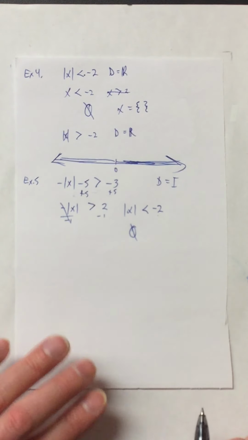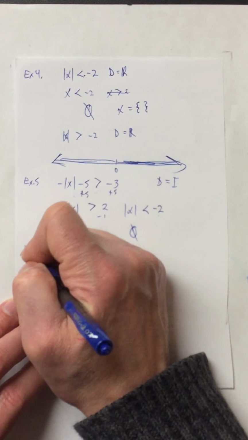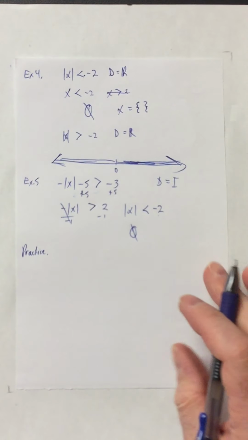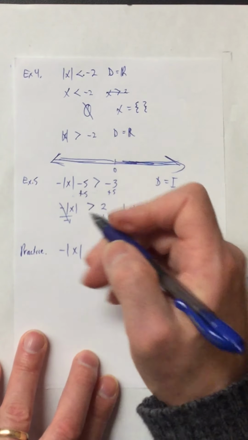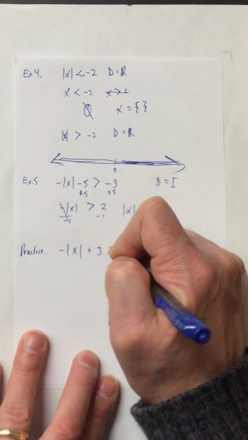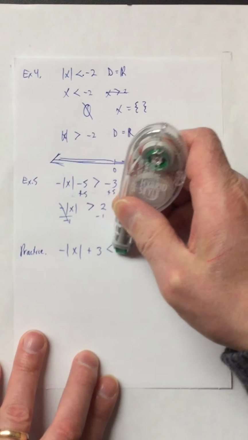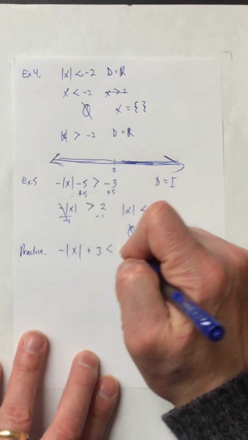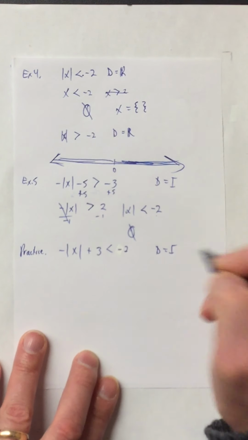Okay, that being said, go ahead and try the practice problem. I will do that here, and then you can check your work with my work. So, we have negative absolute value of x plus 3 is less than negative 2, and my domain is integers.